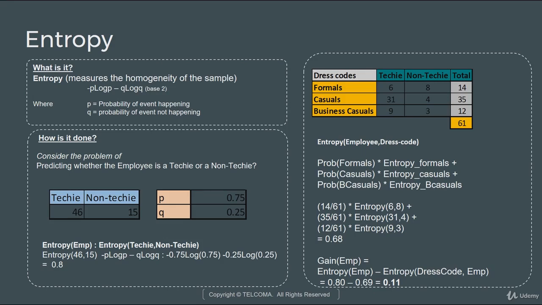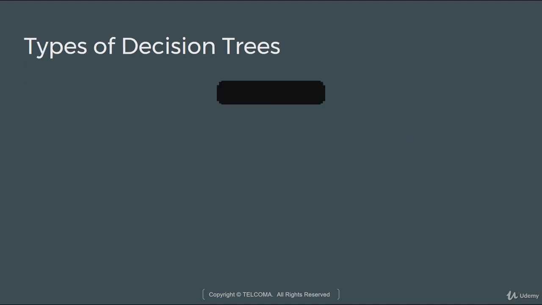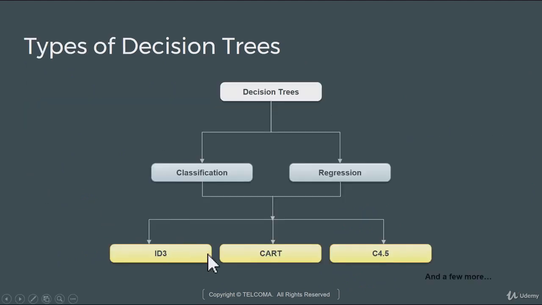Now, this is one of the available techniques to identify the root node and the consequent nodes. There are several other techniques available, such as the Gini index or node purity, and many more alternatives. Each of these techniques differs in the base algorithm used for selecting the root node and the consequent nodes.